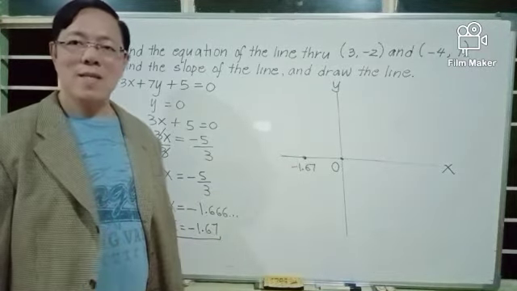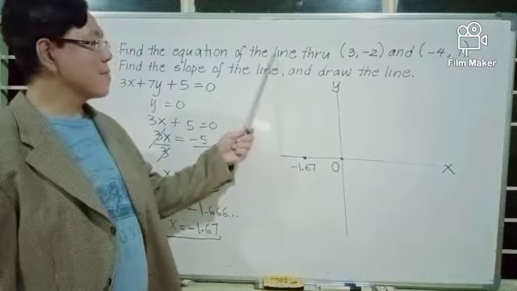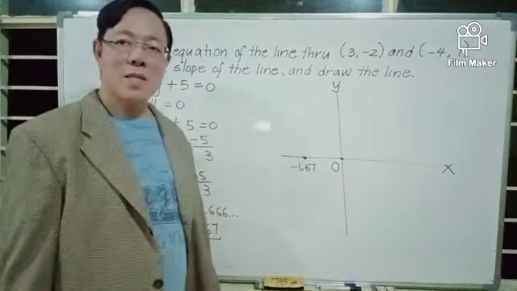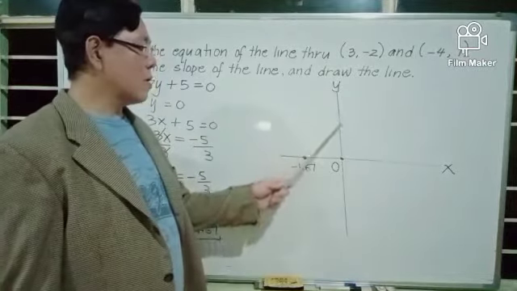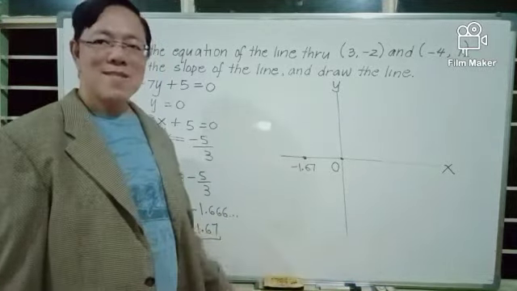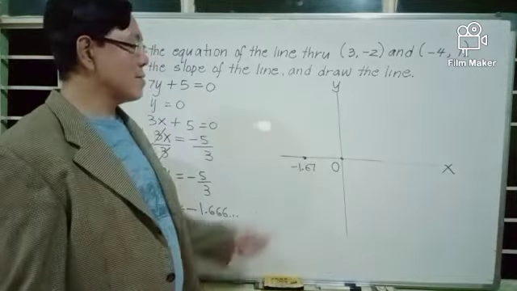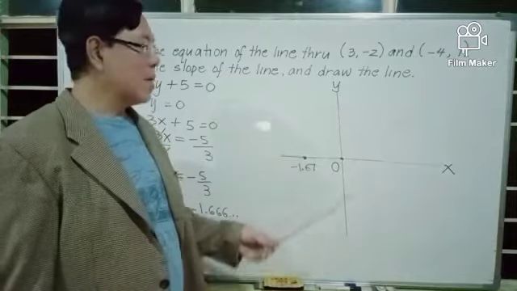Next, we find the y-intercept of the line with this equation. The y-intercept is a point on the y-axis. The y-intercept is the point of intersection of the line and the y-axis.